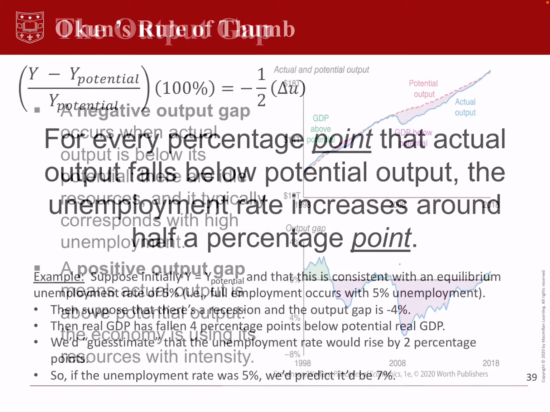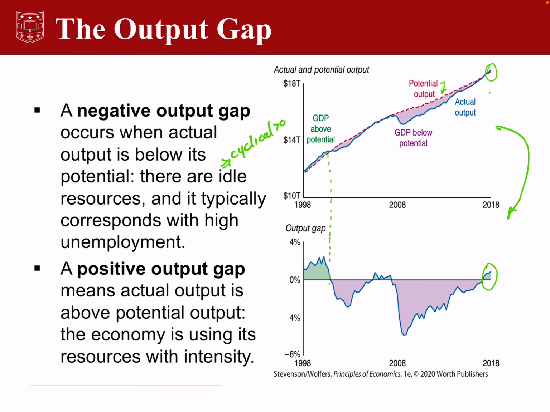So that period right there, where actual GDP and potential GDP are the same, the output gap is 0, and we have full employment, and the observed unemployment rate, this U, is equal to the level of frictional plus structural unemployment.